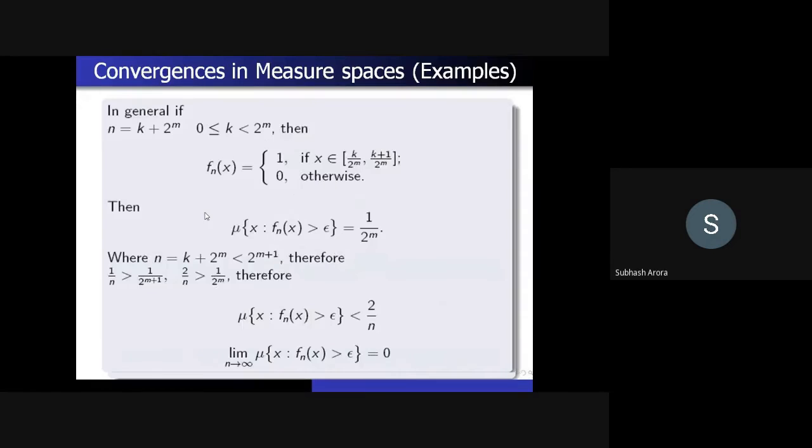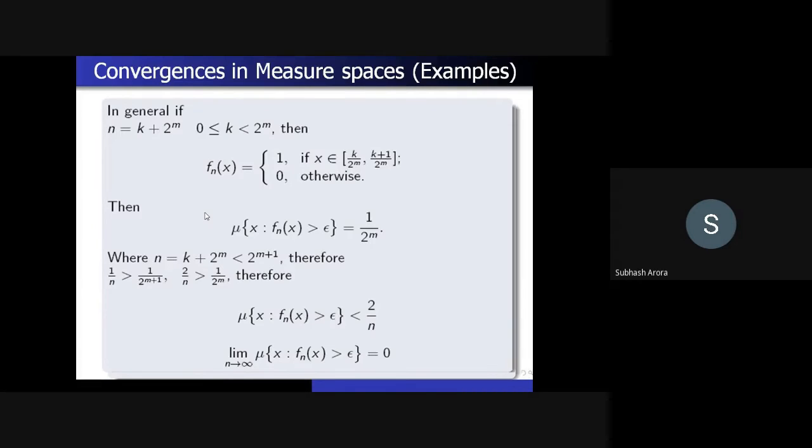In general, if n is of the form k plus 2^m, with k greater than or equal to 0 and less than 2^m, then Fn(x) is equal to 1 if x belongs to [k/2^m, (k+1)/2^m] and 0 otherwise.